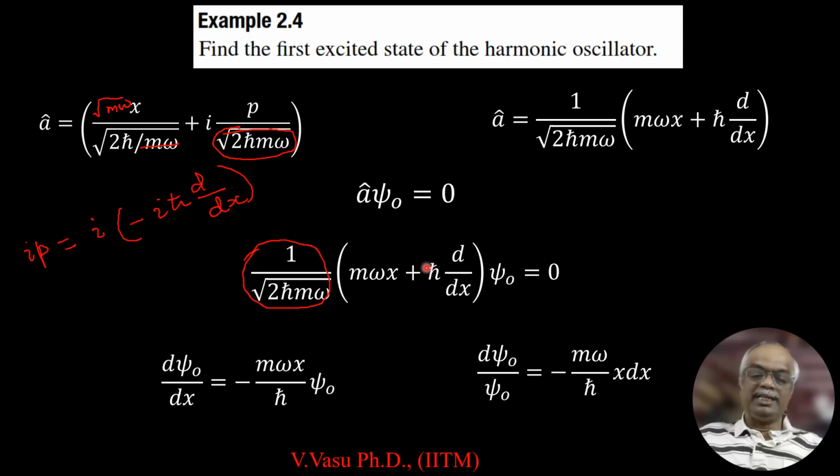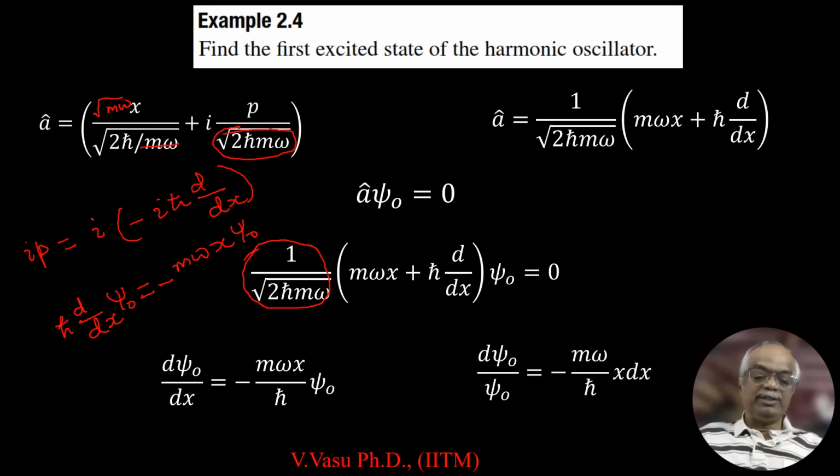Or here you can say you bring this m omega x to the other side. Then you will get h-bar d by dx of psi naught is equal to minus m omega x psi naught.